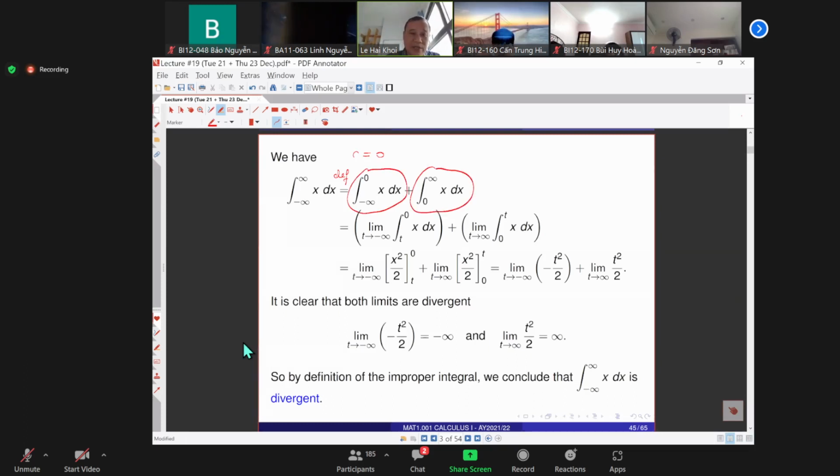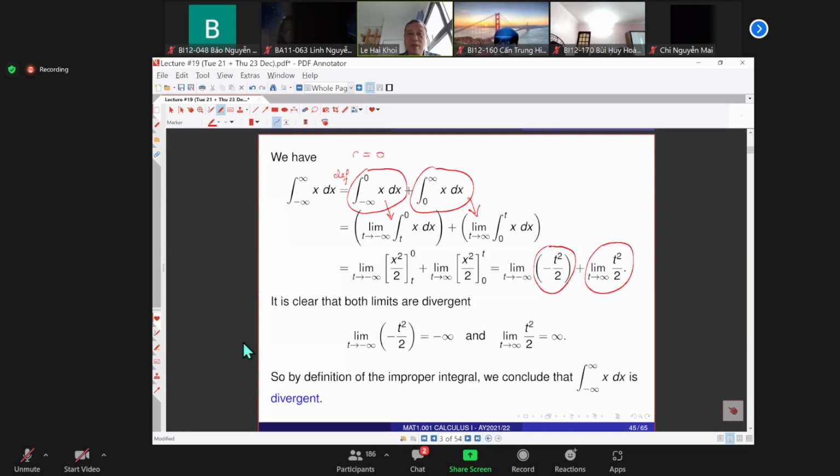For each integral we apply again the definition of the improper integral. The first one is the limit of negative t squared over 2, and the second is the limit of t squared over 2.